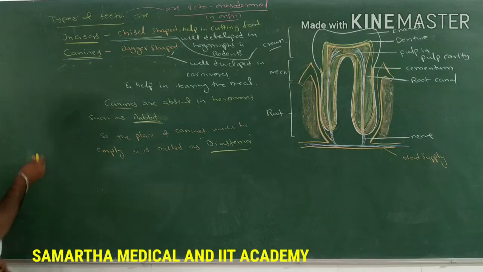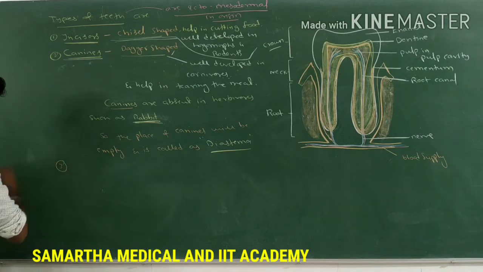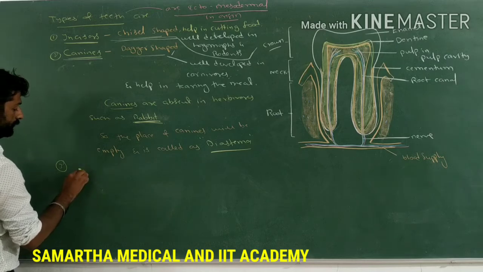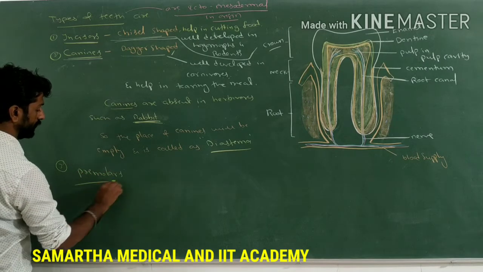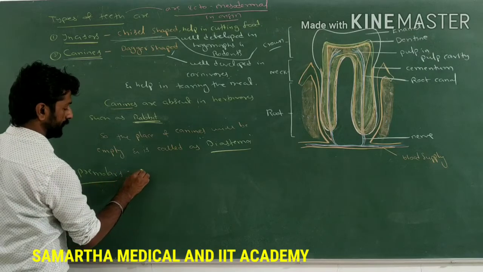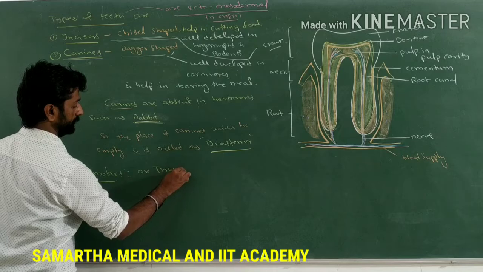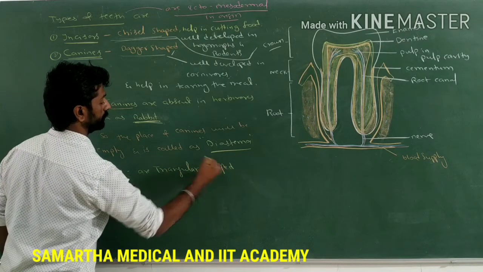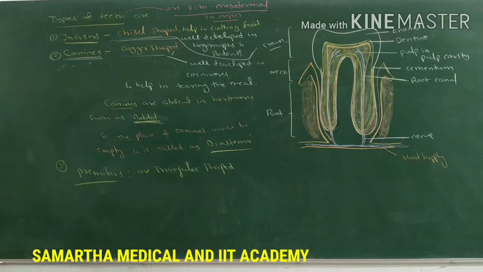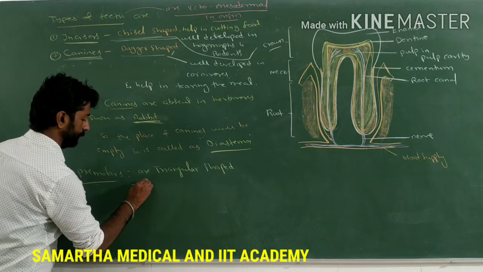The next type of teeth is premolars. So what is the shape of premolars? These premolars are triangular shaped. And what is the function of premolars?